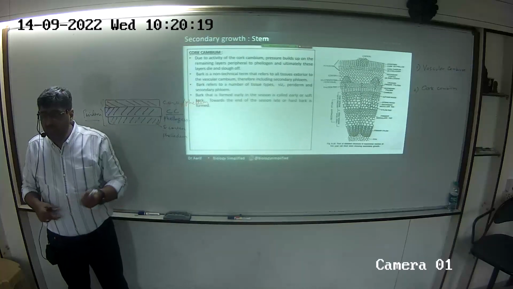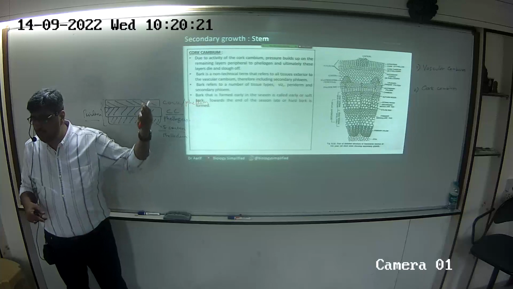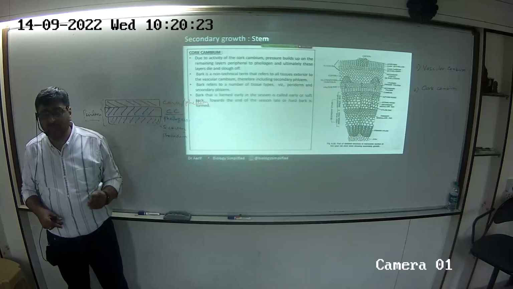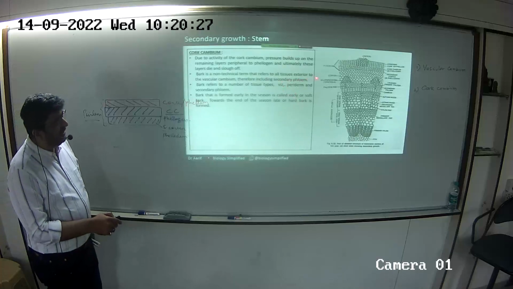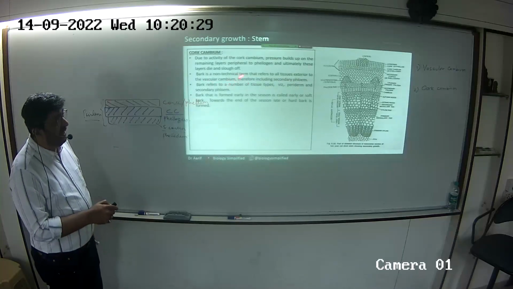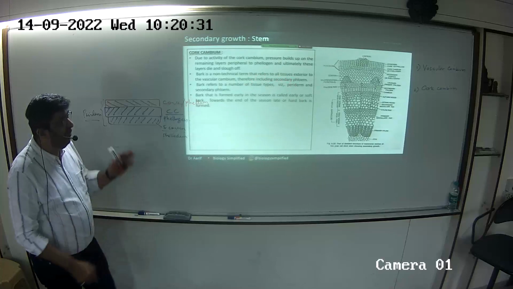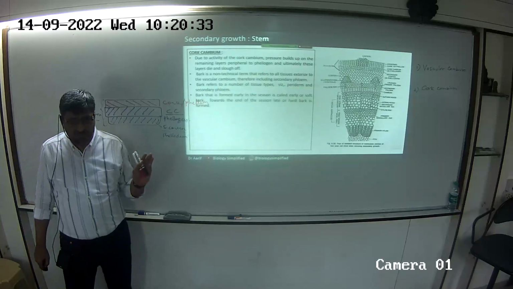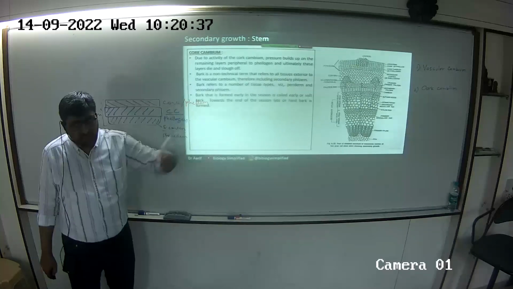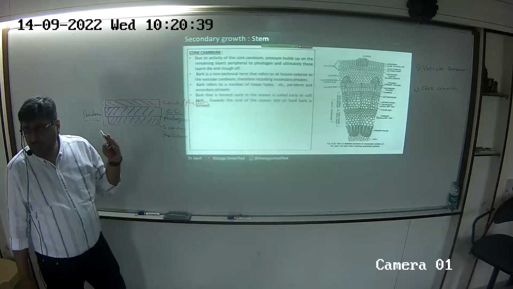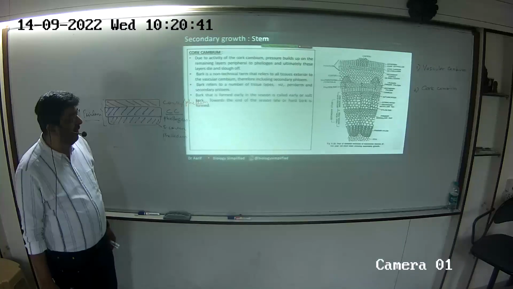So every tissue beyond vascular cambium is known as bark. All tissues exterior to vascular cambium, therefore including secondary phloem. Immediately vascular cambium के बाद secondary phloem ही है ना? So including secondary phloem, everything collectively is called as bark.